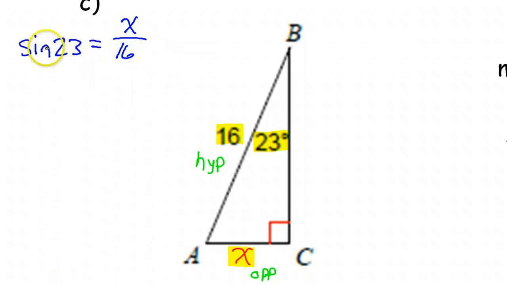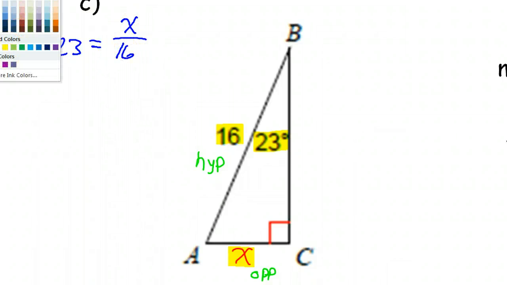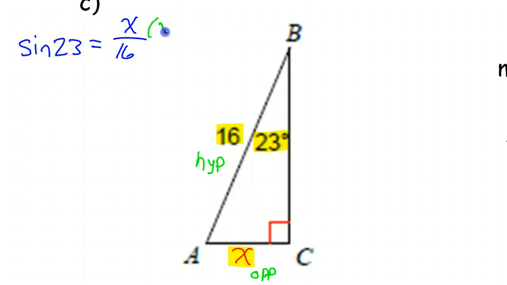Am I going to do that little swap maneuver? No, that only helps me when the variable is in the denominator. When the variable is in the numerator, you multiply by the denominator. So I'm going to multiply by 16 on both sides, that way these 16s cancel out.